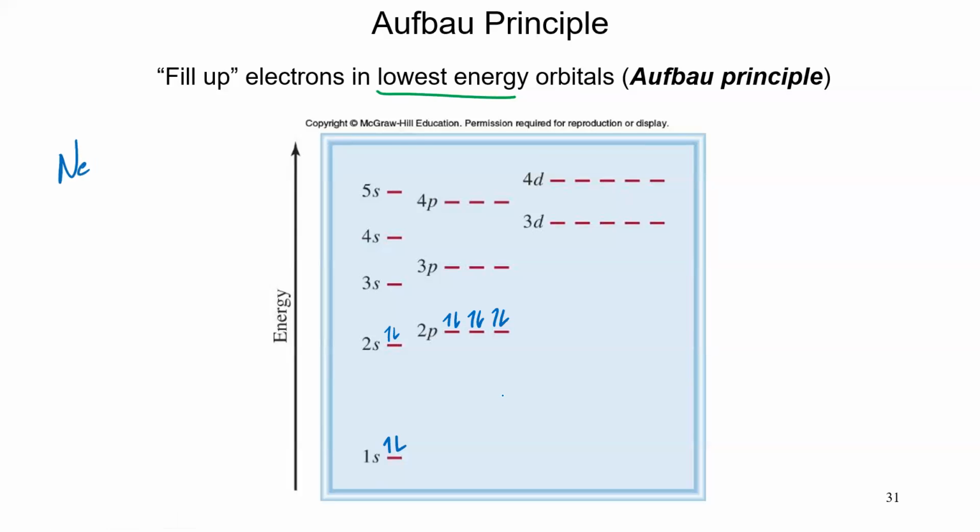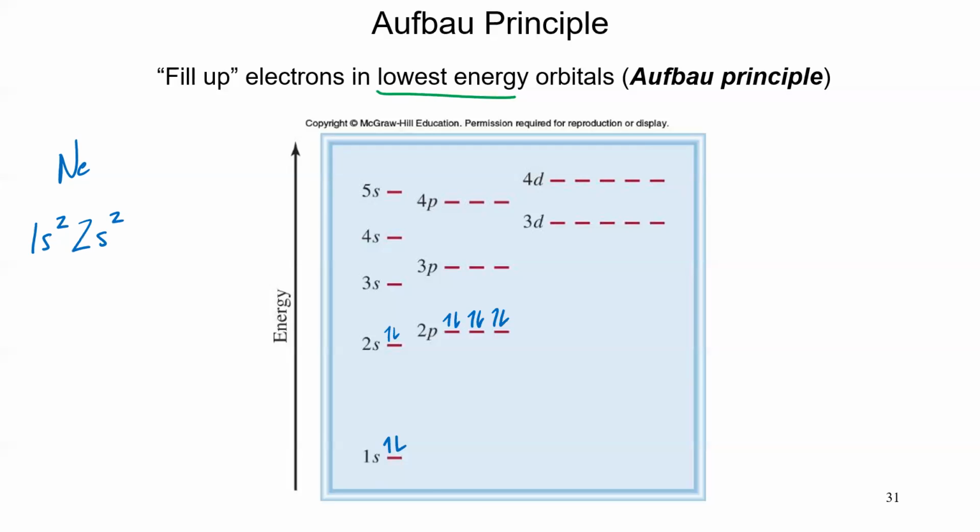And so neon has this electron configuration, we would say, of, well, it's got 2 in the 1s orbital, and so we write 1s, and we do a little superscript 2 just to show how many are in that subshell. Then the next in energy is 2s, and so there's 2 electrons there as well.